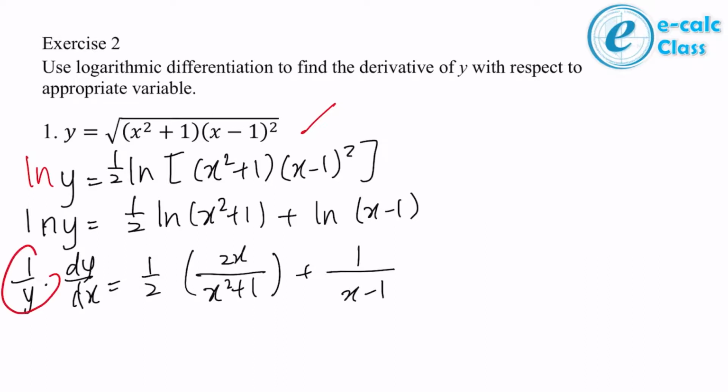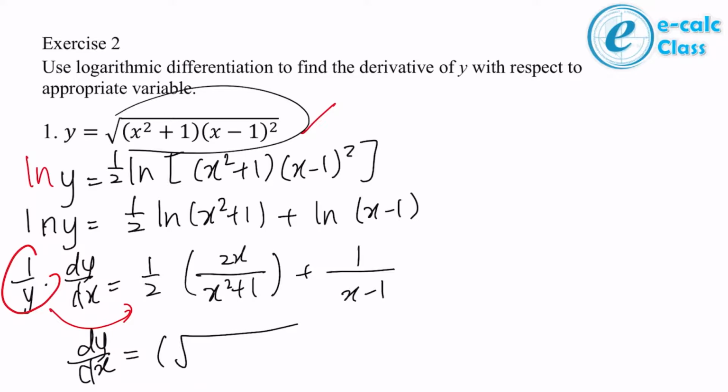So you need to bring this 1 over y over, which means you multiply the whole thing by y. And who's your y? This one. So this will be your answer. X minus 1 square times... Oh, you can actually simplify this and that, you know.